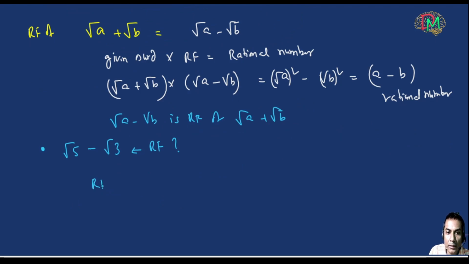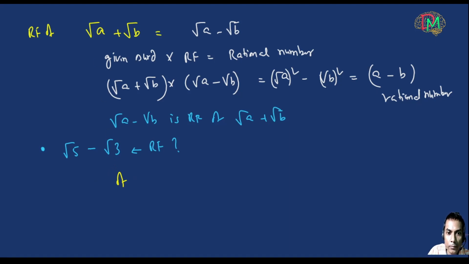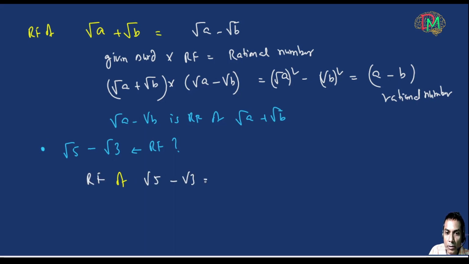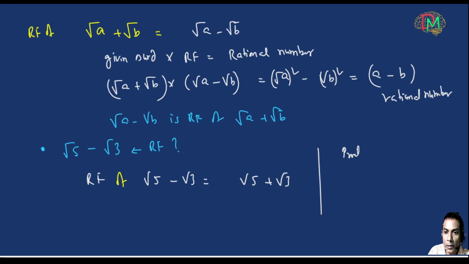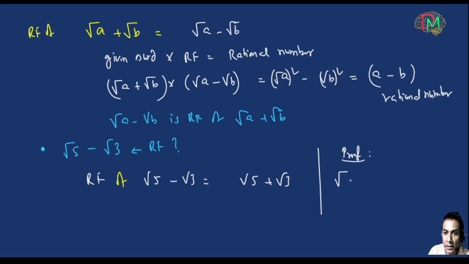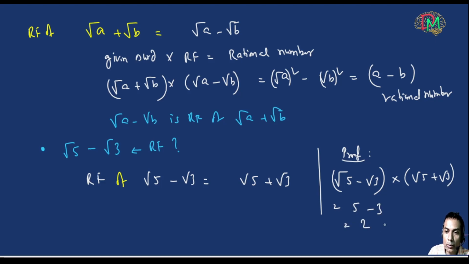The RF of root 5 minus root 3 is root 5 plus root 3. Why? Because we can prove that if we multiply the given surd, root 5 minus root 3, into root 5 plus root 3, the RF value, we get 5 minus 3, so 2 is a rational number. Okay. Done.